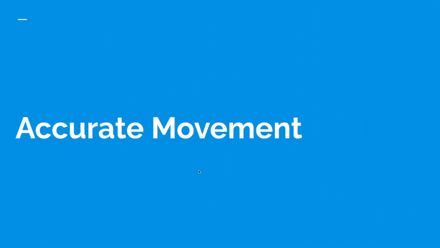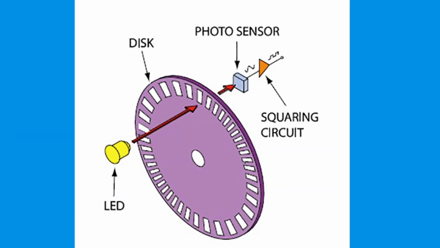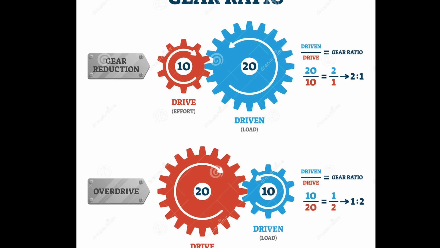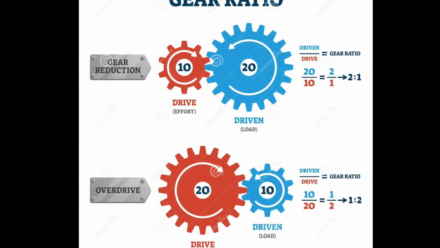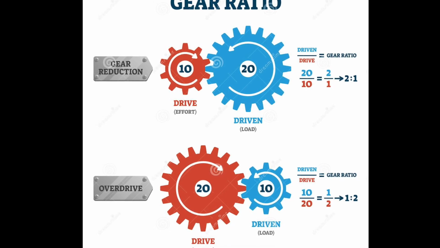So now let's go over how to implement accurate movement into your robot. To do this, you'll first need to know what encoders are. Encoders are basically a device that measures how far something has moved, and it does this by checking how many times a disc or a wheel has turned, and from that it can calculate the distance that the robot has moved based off the gear ratio, which is how many times the motor turns in comparison to how many times the wheels turn.